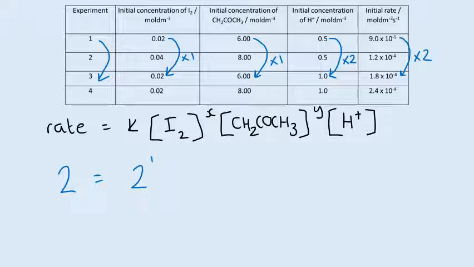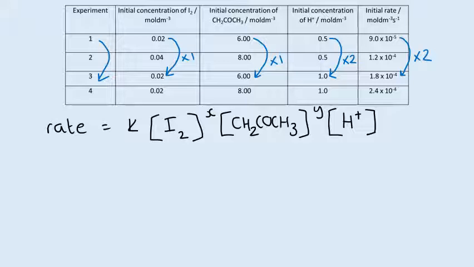So I know that z was equal to 1, and again, I don't need to put the 1, it's just first order. Now I need to find two experiments where the concentration of either I2 stays the same or the CH3COCH3 stays the same, so one of them changes. Let's have a look.